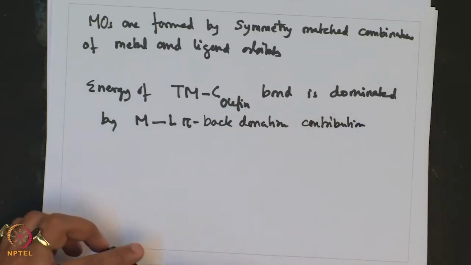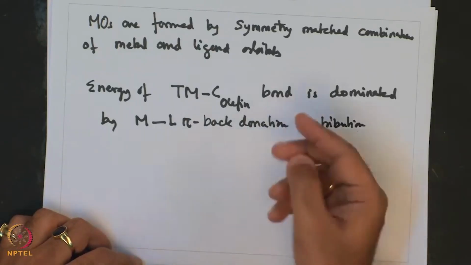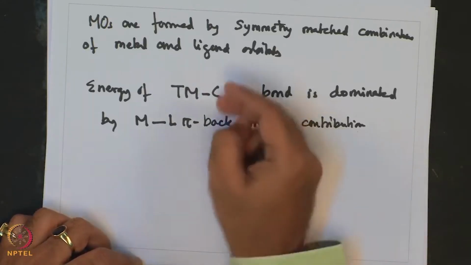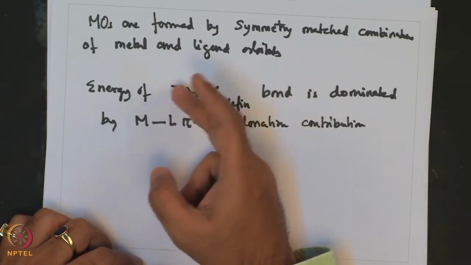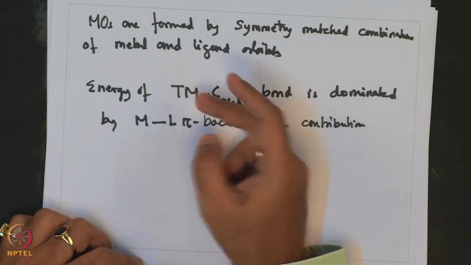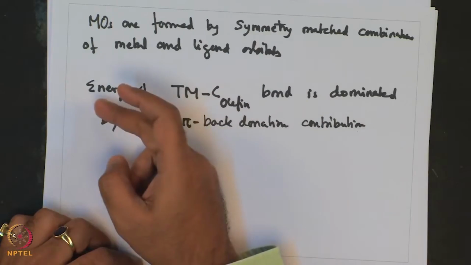Now, this is an important statement given the fact that this metal to ligand pi back donation results in multiple bonding character of the transition metal olefinic bond, because now over and above the sigma bond that is formed, the back donation gives the multiple bond, the pi bond in addition to the sigma bond, and as a result the energy of the transition metal olefin bond increases.